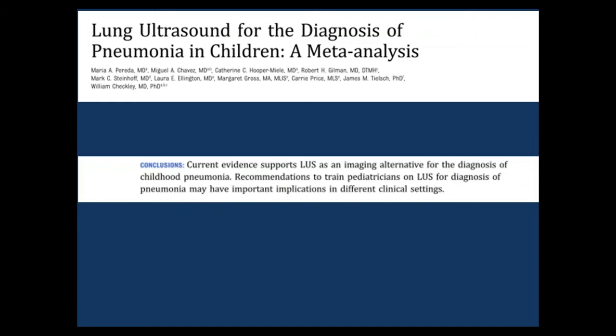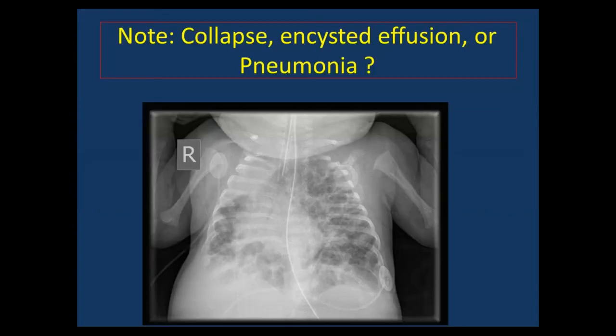And I can also add from my experience that it is much easier to differentiate collapse from pneumonia by ultrasound compared to X-rays. For example, this infant, an ex-preterm 23-weeker on high-frequency ventilation, developed, for sure, significant chronic lung changes.